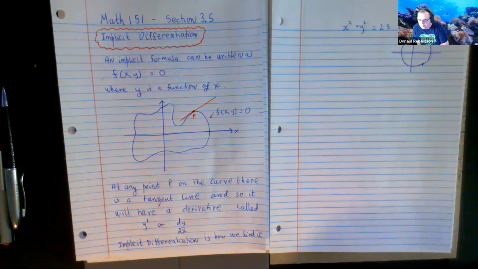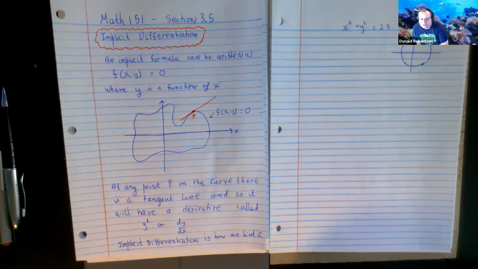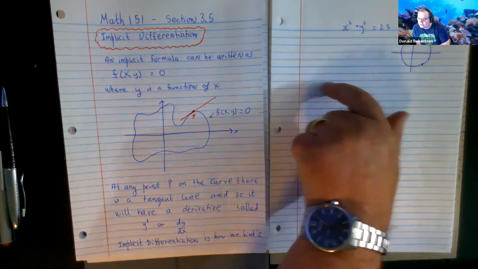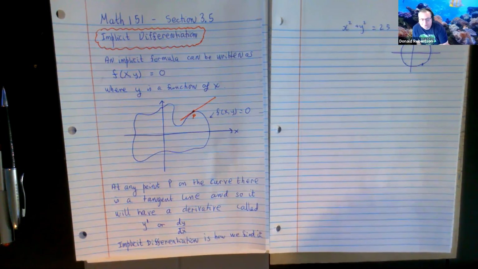It's not a formula like the product or quotient rule. It's much closer akin to the chain rule. It's a process rather than a formula. In implicit differentiation, there isn't even a pseudo formula that I would write down. There is no formula for it. It's pure process.